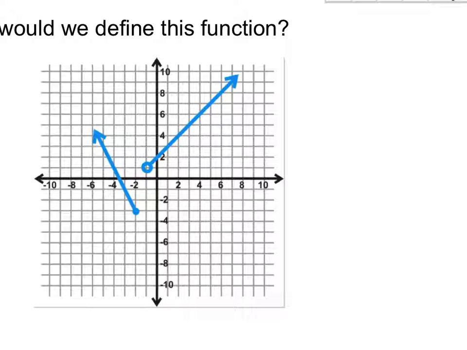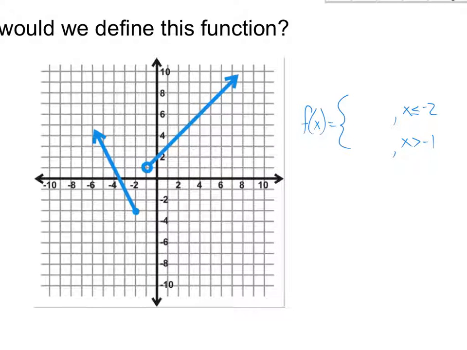How would we define this function? If this is function f of x, we're going to have one line that we follow when x is less than or equal to negative 2, but then a different line once x gets past negative 1. So you'll notice it's kind of like I have two little domains, and I put those with a comma.